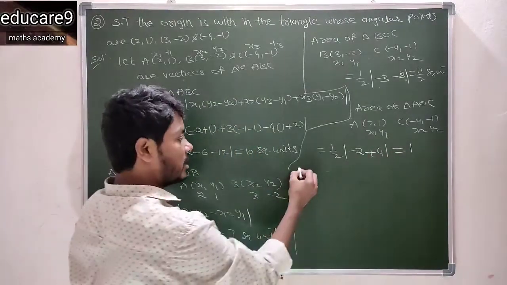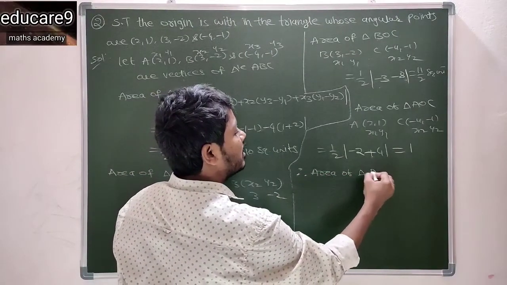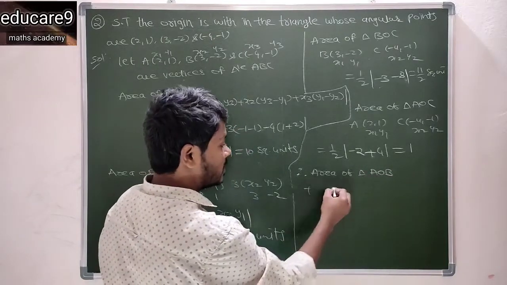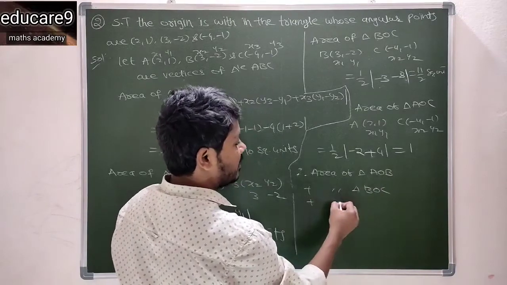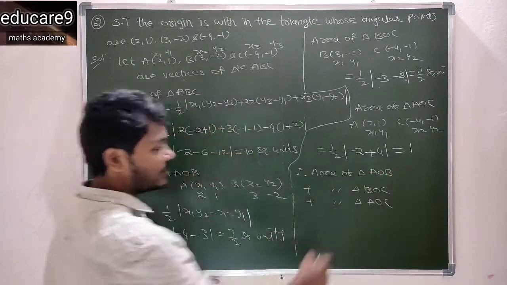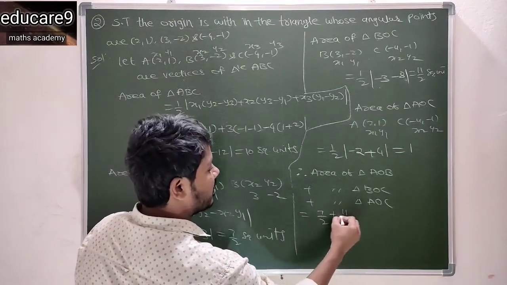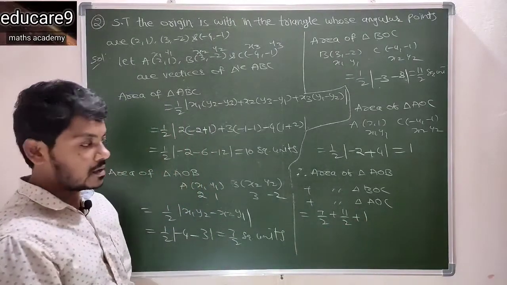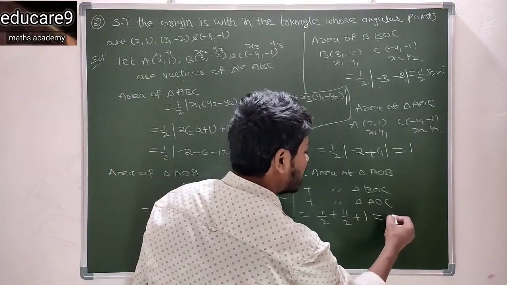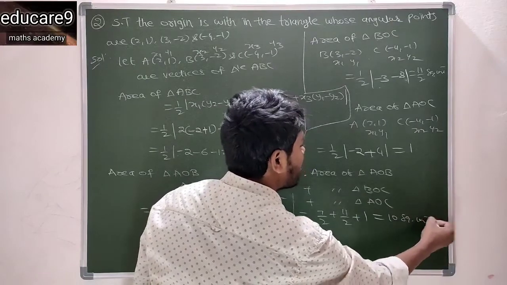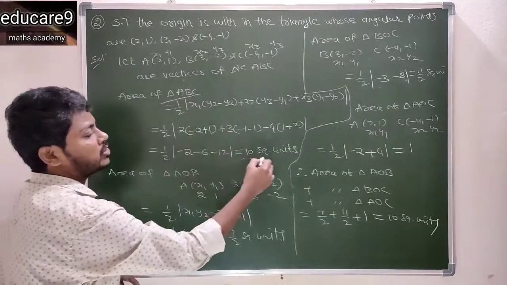Okay. So here therefore area of triangle AOB plus area of triangle BOC plus area of triangle AOC. So what you get? 7 by 2 plus 11 by 2 plus 1. Okay. So 11 plus 7, 18 by 2, 9 plus 1, 10 square units. So therefore clearly total area equals 10 square units.